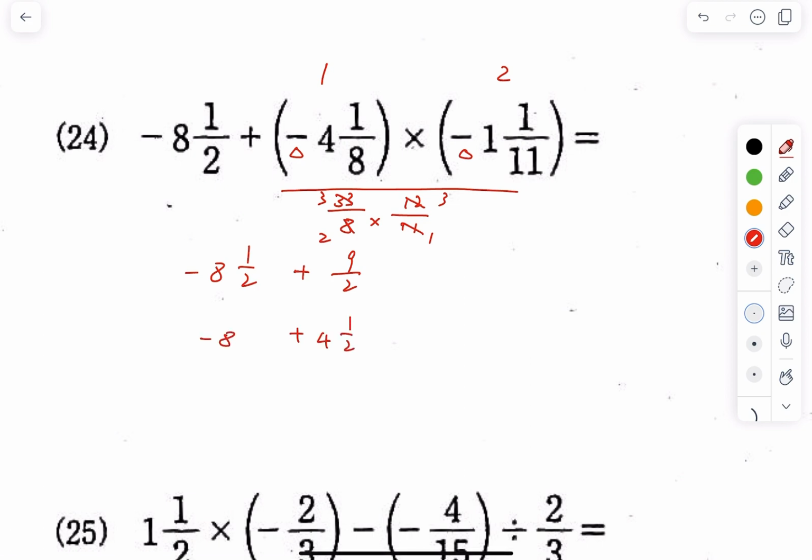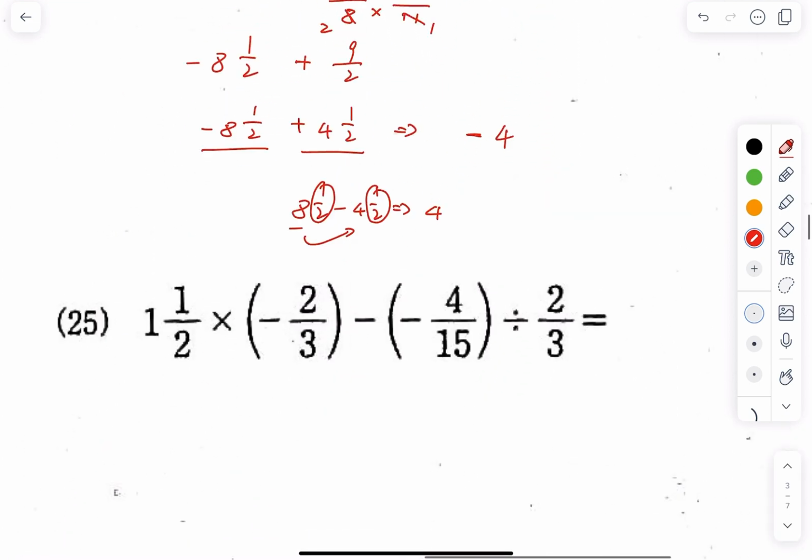This is negative 8 and 1 over 2. With a negative value and a positive value, the negative value is bigger than the positive value, so the answer is going to be negative. And then I use 8 and 1 over 2 minus 4 and 1 over 2, which will be 4, because the fraction parts cancel each other out. I just used 8 minus 4, which is equal to negative 4 for this question.